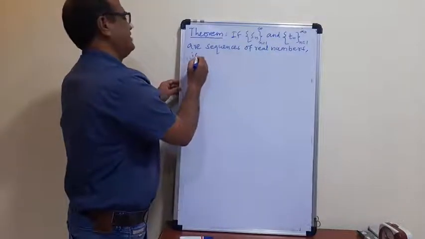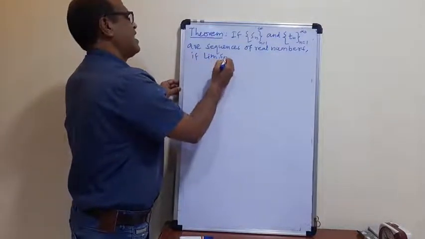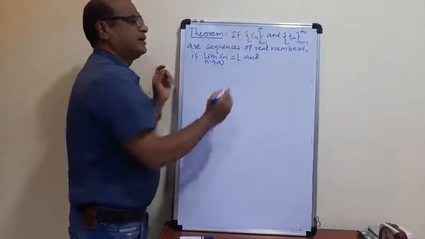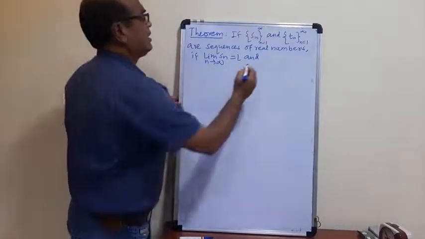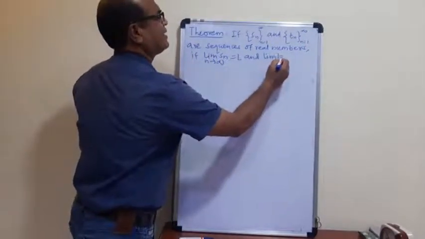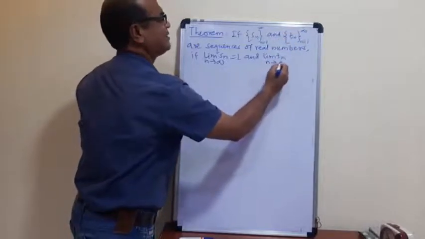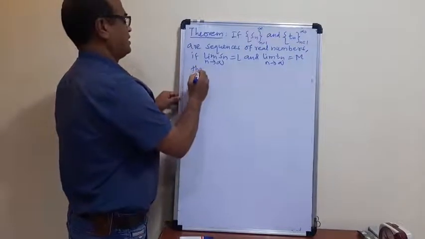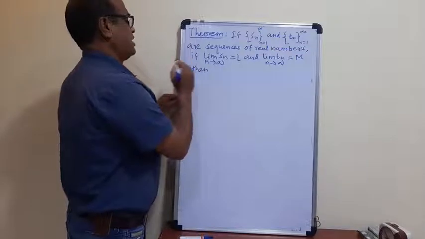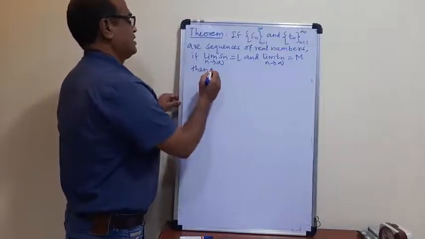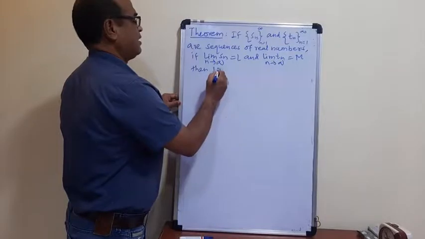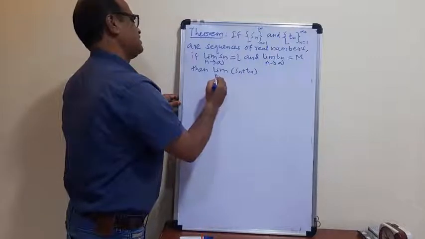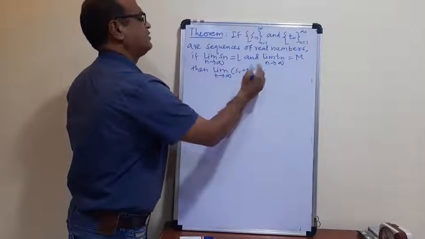So the limit of Sn as n tends to infinity is equal to L, and the limit of Tn, which is also a convergent sequence, is some m. Then show that the limit of Sn plus Tn as n tends to infinity is equal to L plus m.